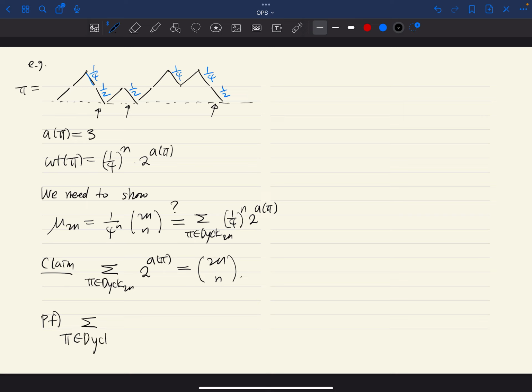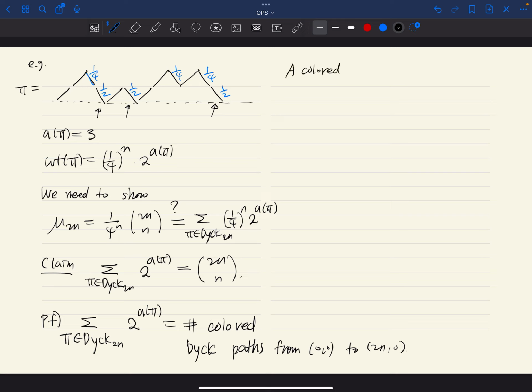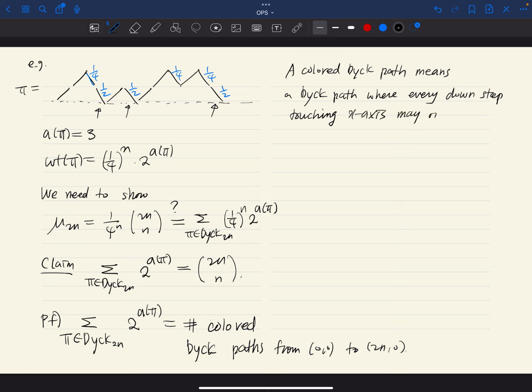What I'm saying is that 2 to the a of pi equals the number of colored Dyck paths, where a colored Dyck path means a Dyck path where every down step touching the x-axis may or may not be colored red, say.